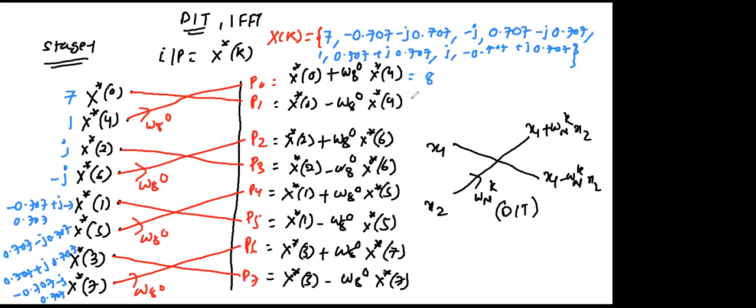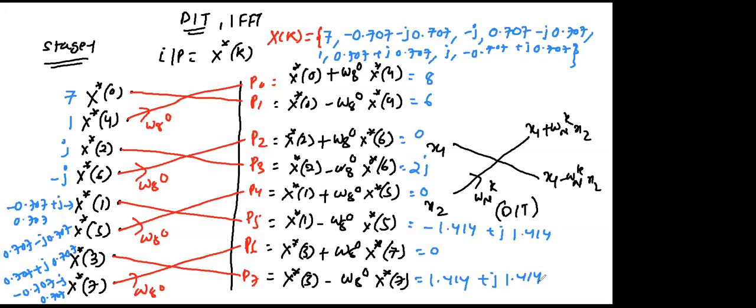Stage 1: it is 8, 6, 0, 2j, 0, minus 1.414 plus j 1.414, 0, 1.414 plus j 1.414. Okay, so this is the stage 1 calculation.